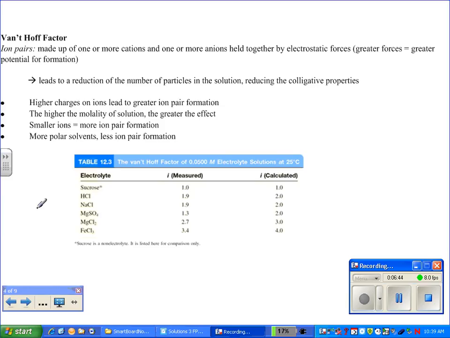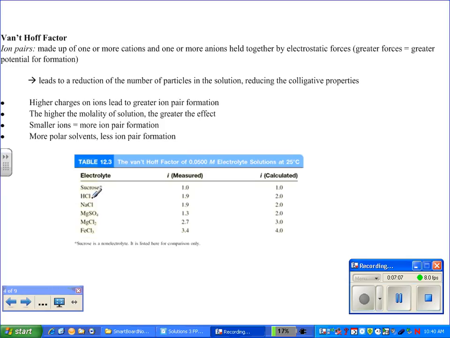Now the i value, the Van 't Hoff factor, is a calculated value that we're going to use when we're doing calculations. It's simply based on the number of ions that we predict will be in the solution. So anything that's molecular, like sucrose, will have an i value calculated at 1.